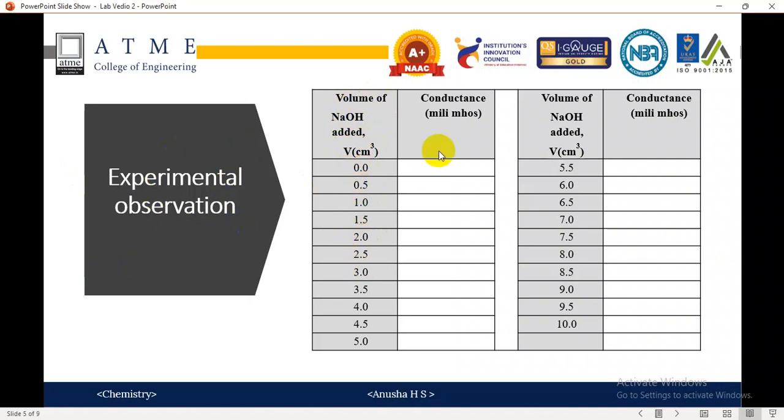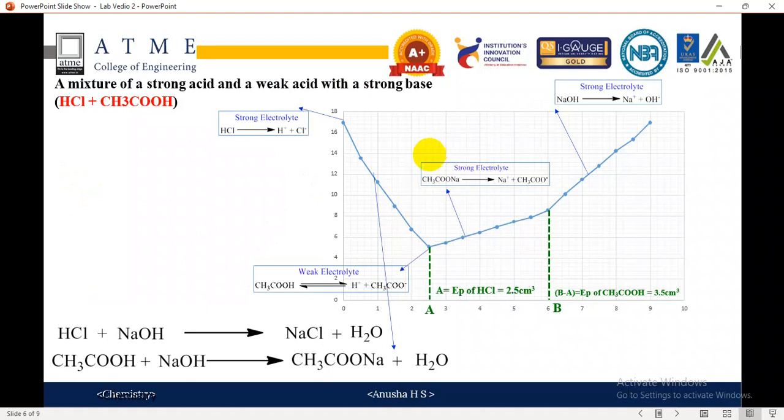We have to note down the conductance here and plot a graph, with the volume of NaOH solution on the x-axis and the conductance on the y-axis. After adding the NaOH solution to the acid mixture, the conductance is decreased.